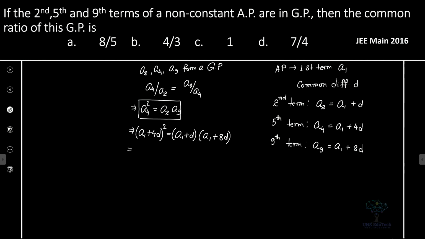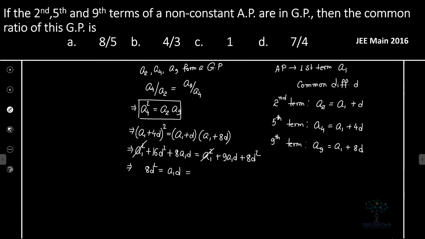It implies A1 square plus 16D square plus 8A1D is equal to A1 square plus 9A1D plus 8D square. At the end, A1 square gets cancelled, and 8D square is equal to A1D.